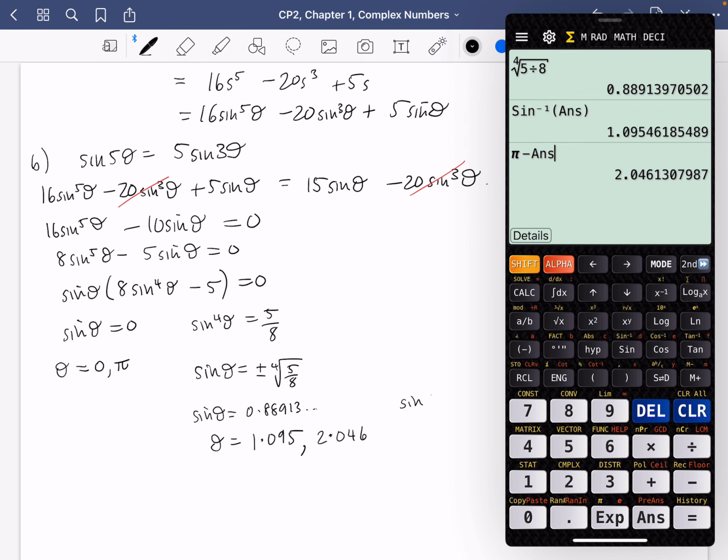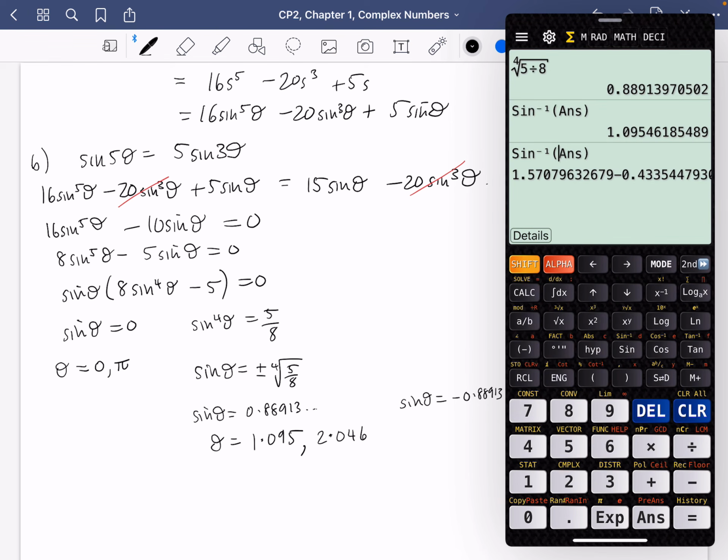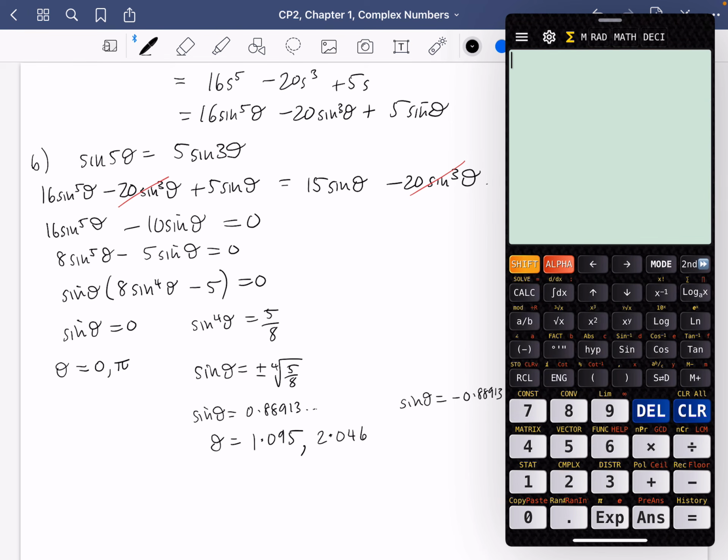Now the other version is that sine theta could have been negative 0.88913. So I'm just going to go back here. Let's clear all this. It's annoying me. So it's the 4th root of 5/8.